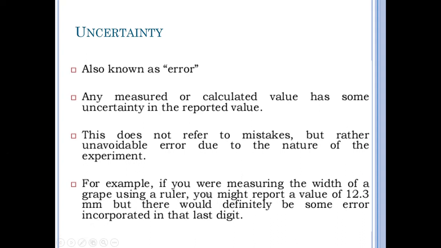For example, if you were measuring the width of a grape using a ruler, you might report a value of 12.3 mm, but there would definitely be some error in the last digit because a grape is round. A ruler is not an appropriate tool to measure a round shape.